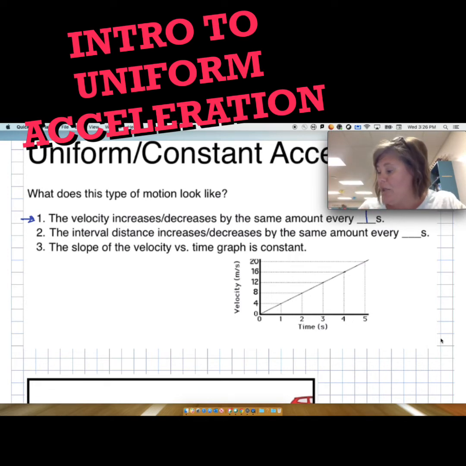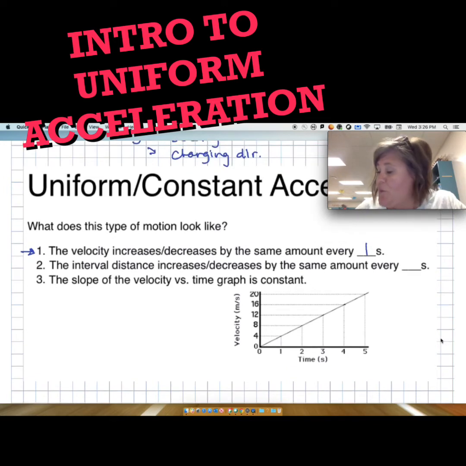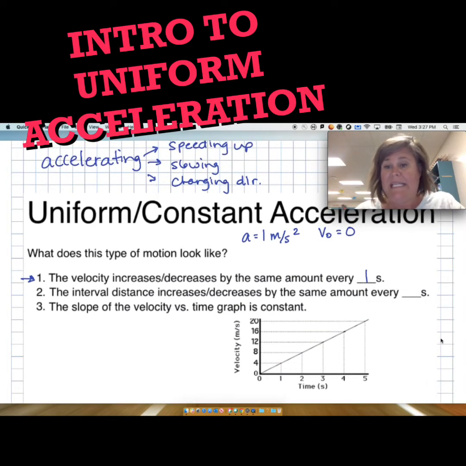So what does that look like? Let's say our acceleration is 1 meter per second squared, or 1 meter per second per second, and our initial velocity is 0. What that means is that after 1 second, the instantaneous velocity is 1 meter per second.